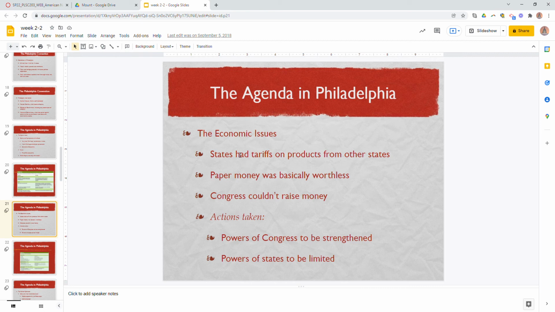The federal government got the power to print money, to raise an army, to raise a navy. All of these economic powers went to the national government and were stripped from the states. The most powerful one was the ability to regulate commerce or trade. We'll talk about that next week when we look at federalism, the division of power between the states and the national government.